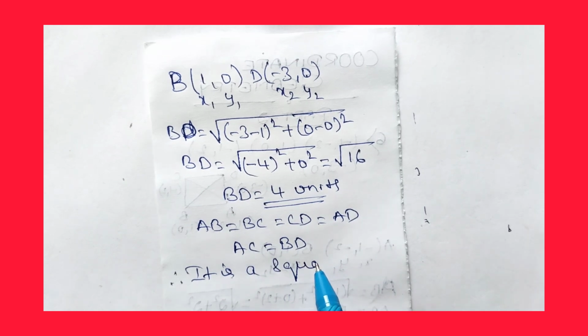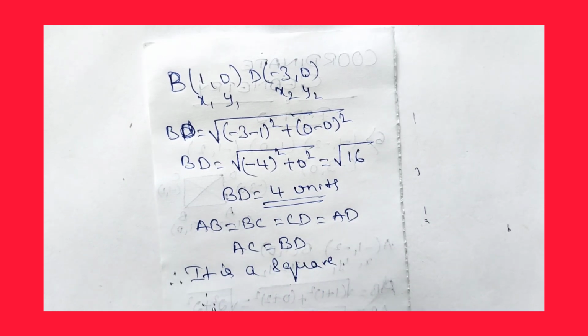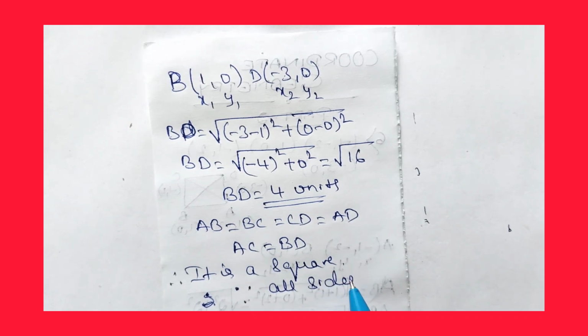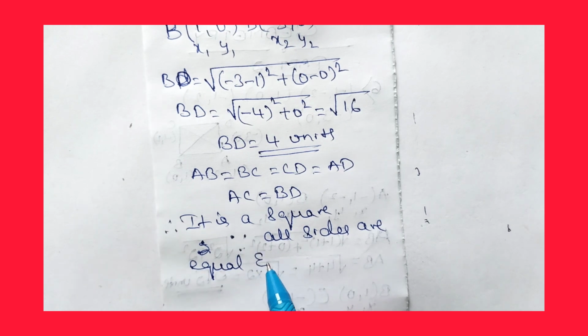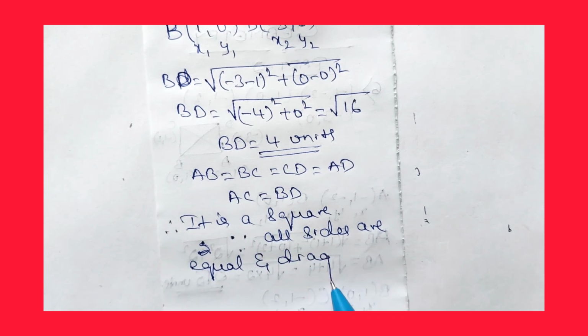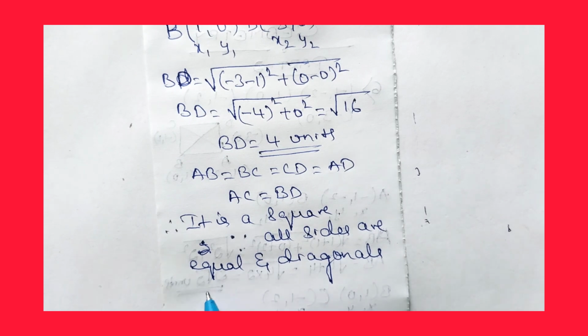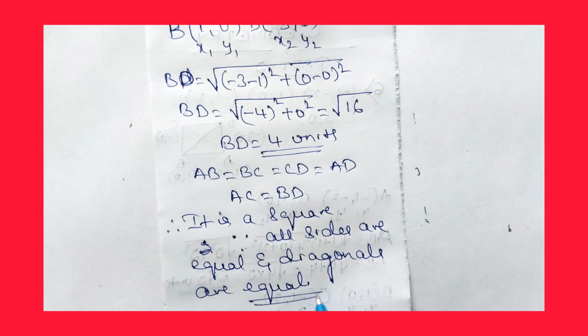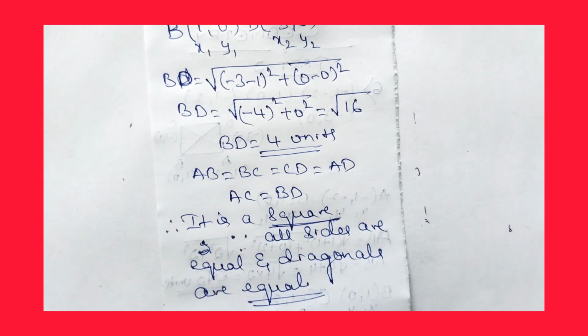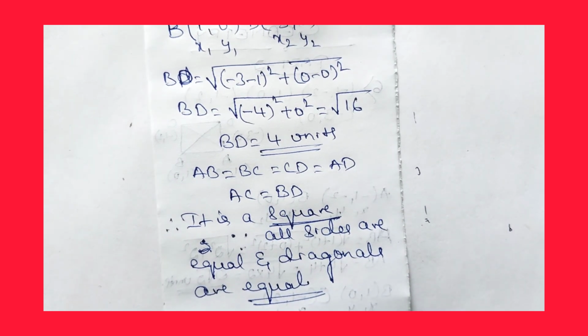ABCD is a square because all sides are equal and diagonals are equal. If all sides are equal and diagonals are equal, it is a square. Therefore, the given quadrilateral is a square.